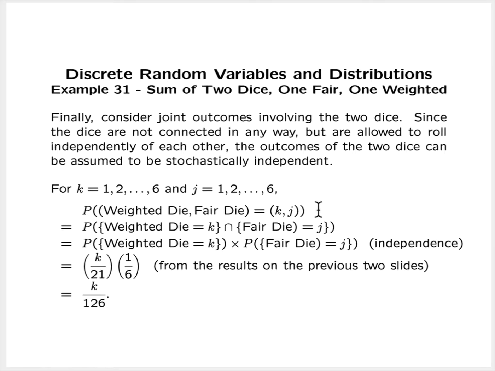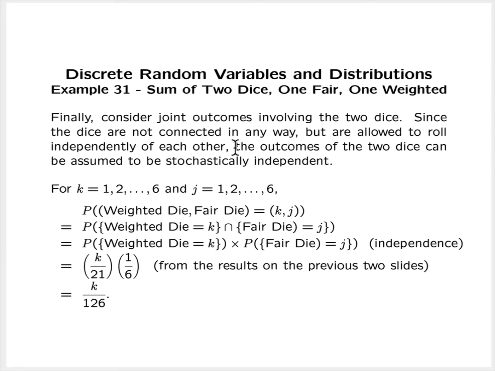All right, so this is equivalent to the probability that the weighted die is equal to k intersect with the fair die is equal to j. And remember, we can read that as and, so this is the probability that the weighted die is equal to k and that the fair die is equal to j, all right, by independence.